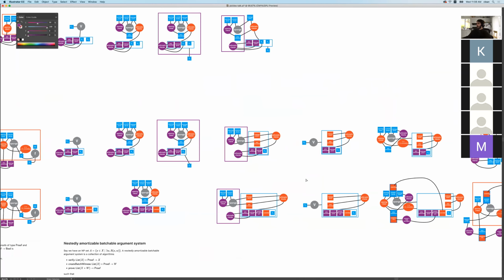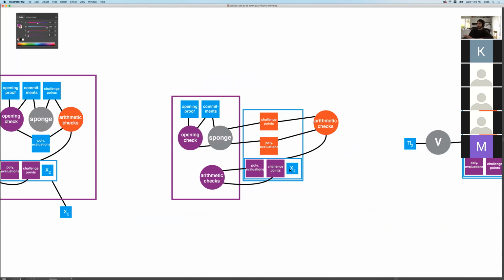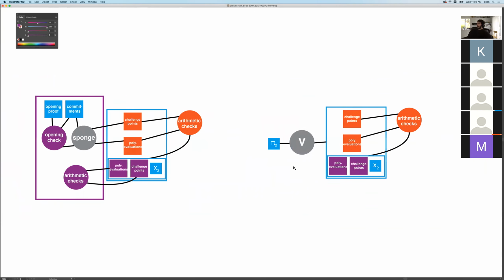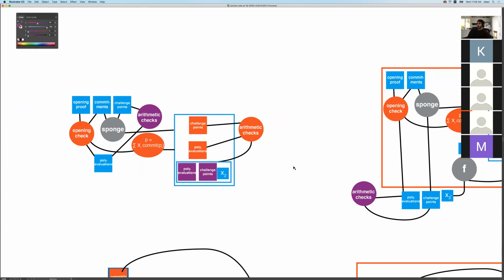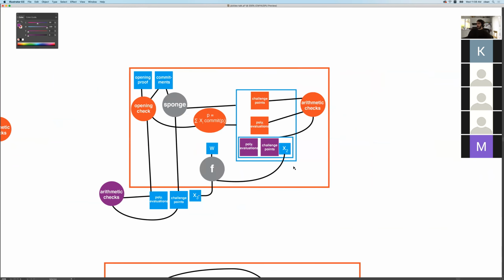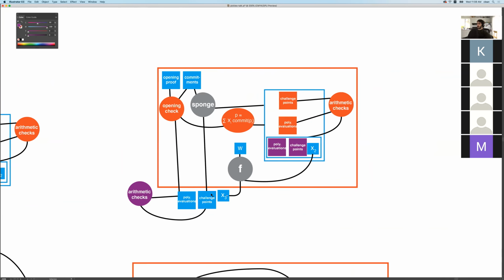This is good because this is a fixed amount of data. We have 2 purple squares, 2 orange squares, and 1 blue square. We can imagine continuing to do that, and always we have a fixed amount.